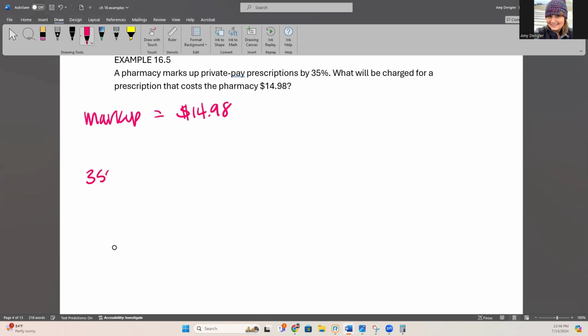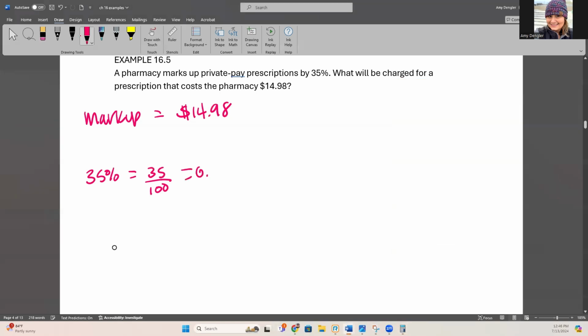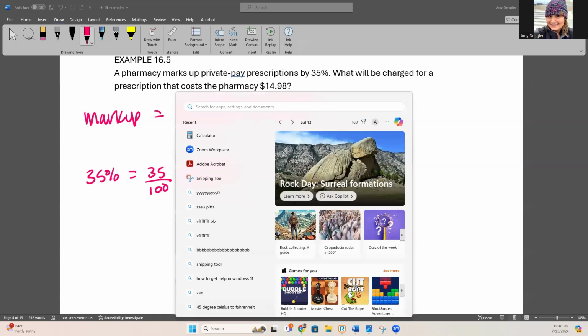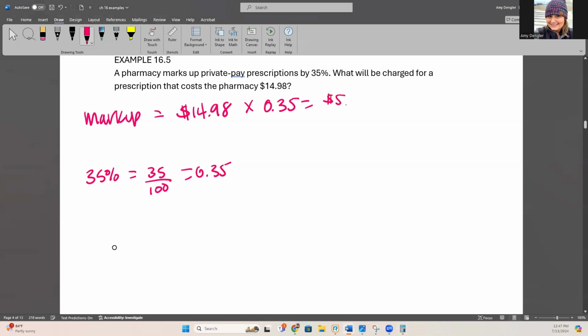But first we have to take the 35%, change it to a decimal by placing it over 100 and doing 35 divided by 100, which gives us 0.35. And then we're just going to get out our calculator and do 14.98 times 0.35, which is going to give us $5.24.